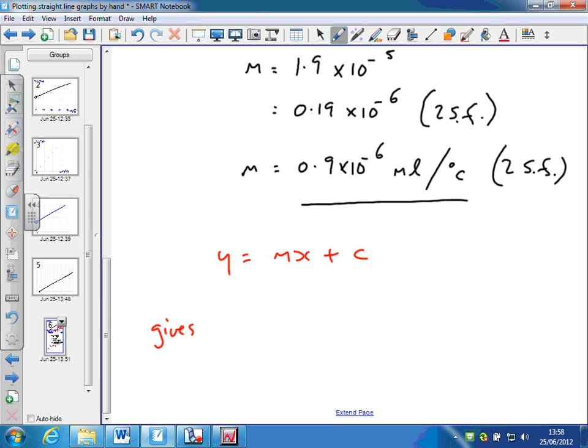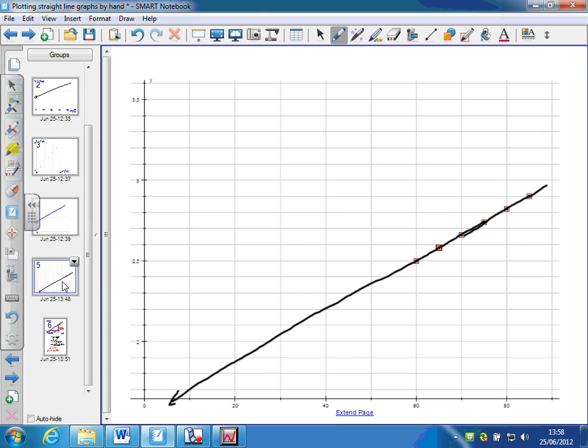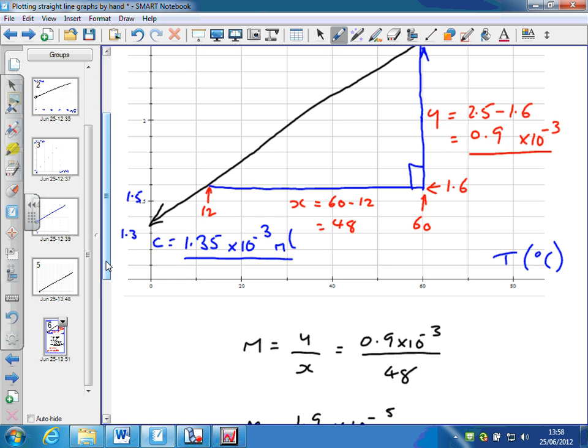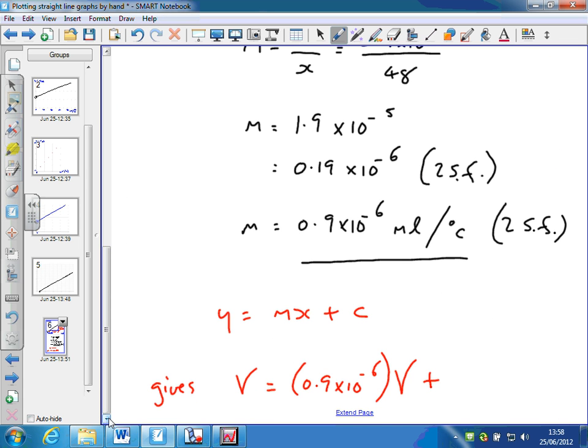So this gives volume equals m, which is 0.9 times 10 to the minus 6, times the volume plus c, which turned out to be estimated as 1.35 times 10 to the minus 3.